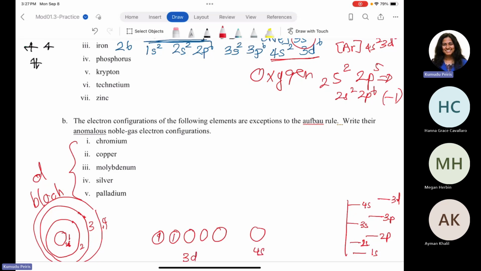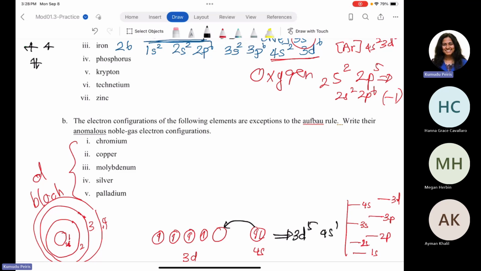When the configuration is 3d4 and 4s2, one electron from the 4s will move to the 3d and arrange into 3d5 and 4s1.